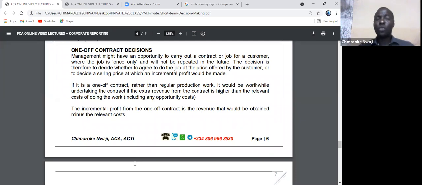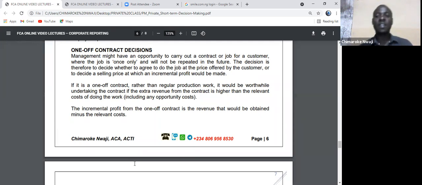by doing something else, but now you've stopped that thing that you would have done, and so you lose that benefit. Why did you stop that thing you would have done? Because you want to do this one-off contract. So this one-off contract will make you stop doing something, stop benefiting from something, and you have to include that cost.